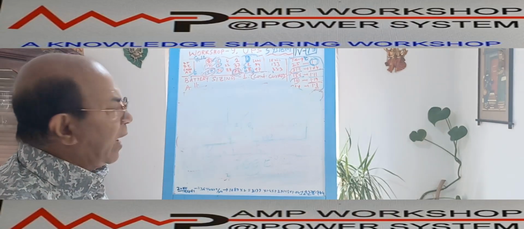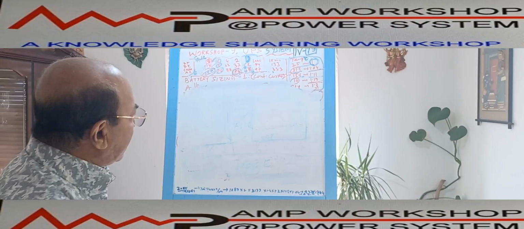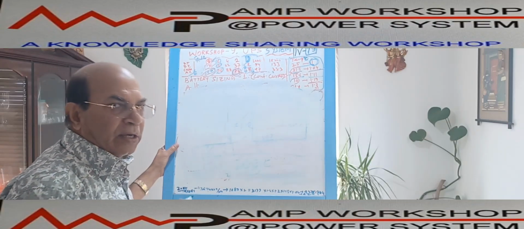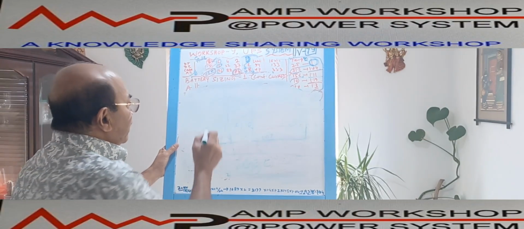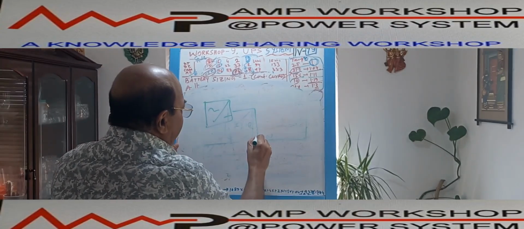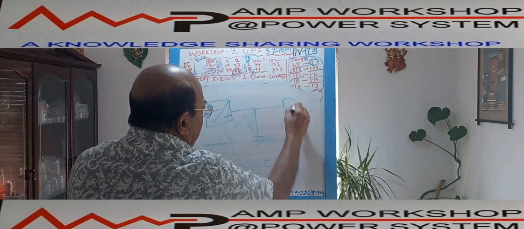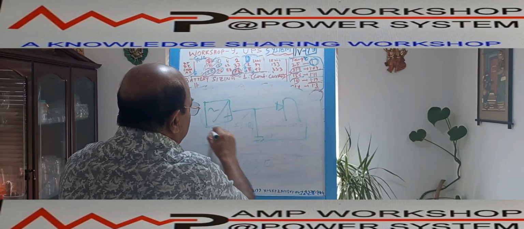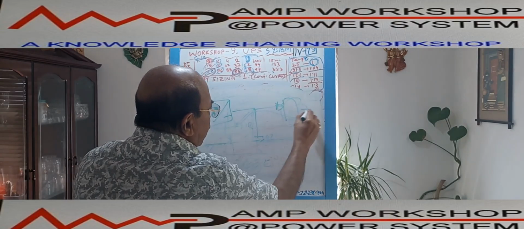But if you want to calculate the rectifier, it needs some additional consideration, because we have seen how the rectifier is connected. This is AC, this is DC, the battery is connected, here is the inverter. We have considered the UPS system calculation using the inverter output current.